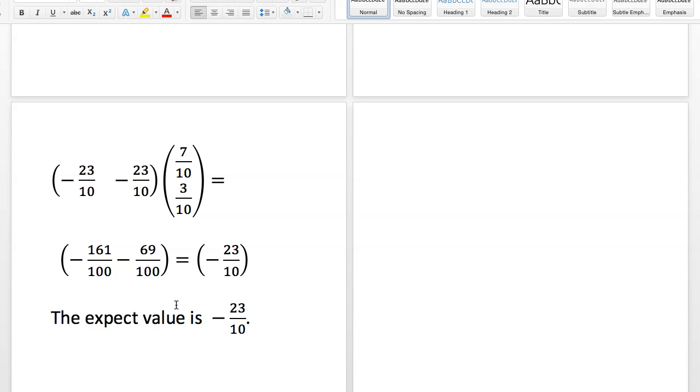If these were in dollars, the column antagonist can expect to win $2.30 on average, and our protagonist would lose on average $2.30 a game. Now that's on average. That doesn't mean that's going to happen robotically every game. This is an average, right? So this is the expected payoff.